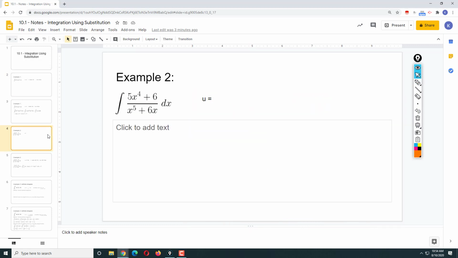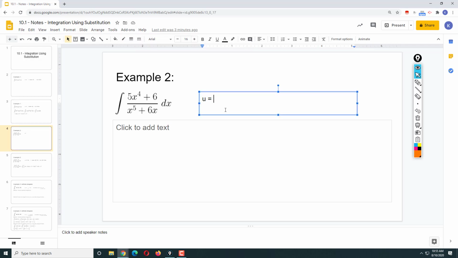Example 2. We want the integral of 5x to the 4th plus 6 over x to the 5th plus 6x dx. This time I'm going to let u equals x to the 5th power plus 6x. Then du over dx would be 5x to the 4th power plus 6.